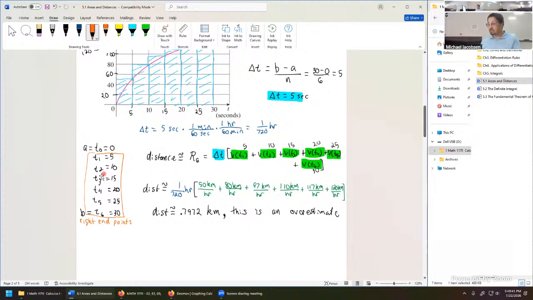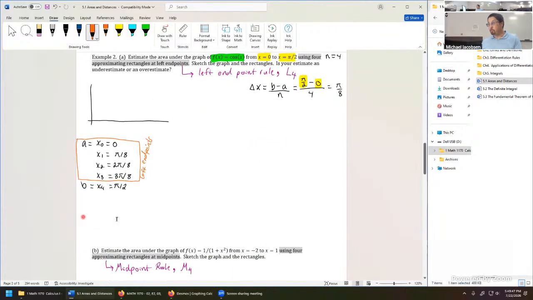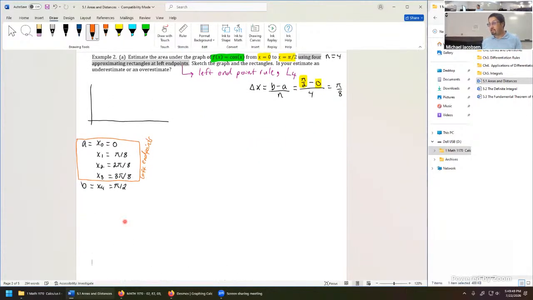So if it's right endpoints, we exclude the left boundary value and go all the way to the right. If it's like this one, left endpoints, then we exclude the far right point and use the left endpoint. You should have four numbers when you're using the left endpoint, right endpoint, or midpoint rule. And these are the four we would use.